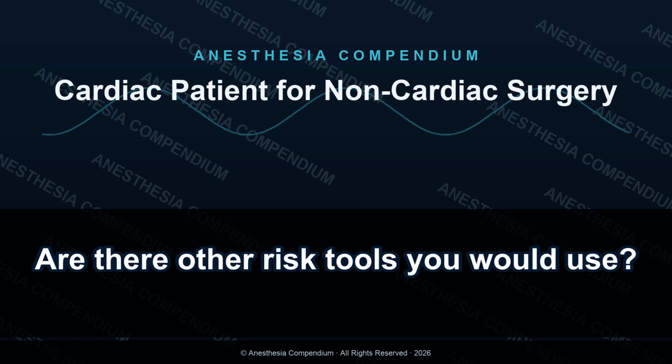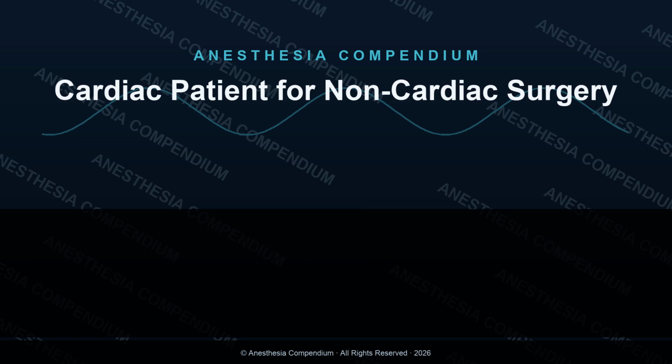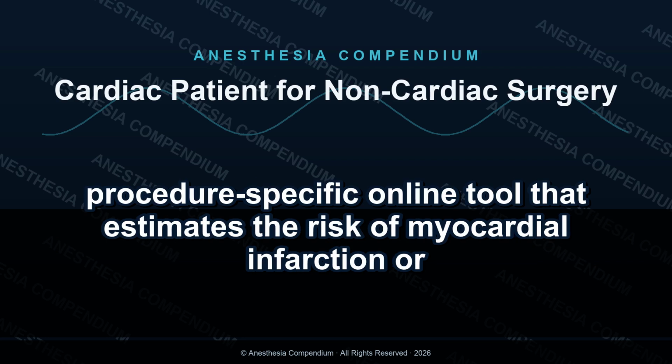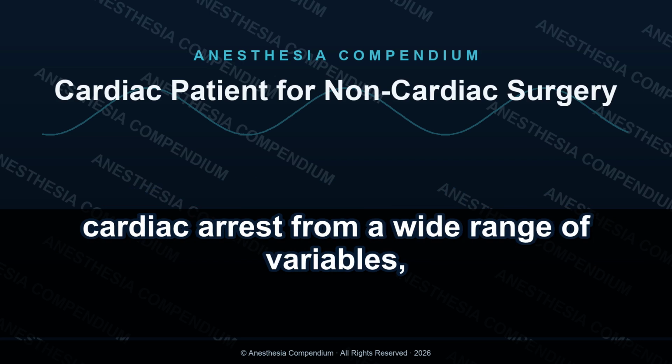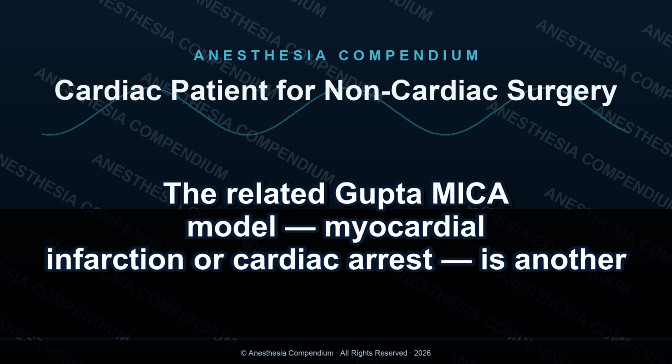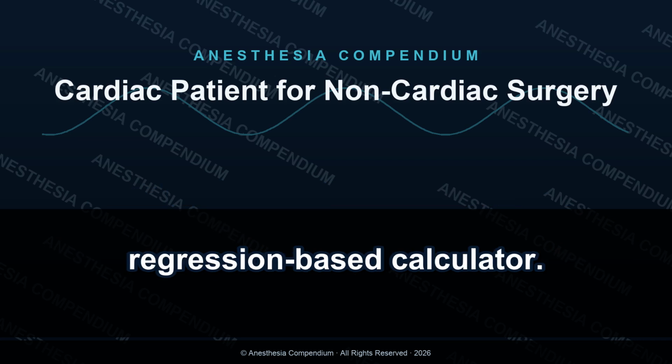Are there other risk tools you would use? Yes. The American College of Surgeons NSQIP Surgical Risk Calculator is a procedure-specific online tool that estimates the risk of myocardial infarction or cardiac arrest from a wide range of variables, and is endorsed by the ACC/AHA guideline. The related Gupta MICA model, myocardial infarction or cardiac arrest, is another regression-based calculator.